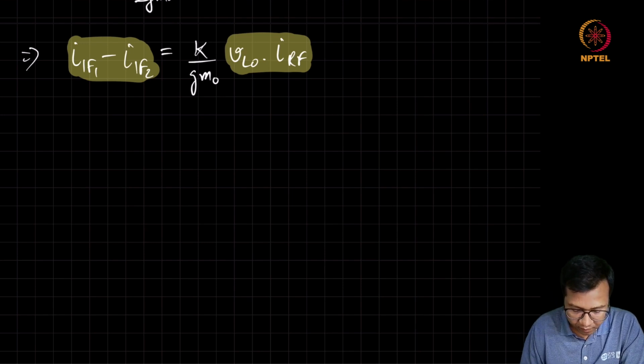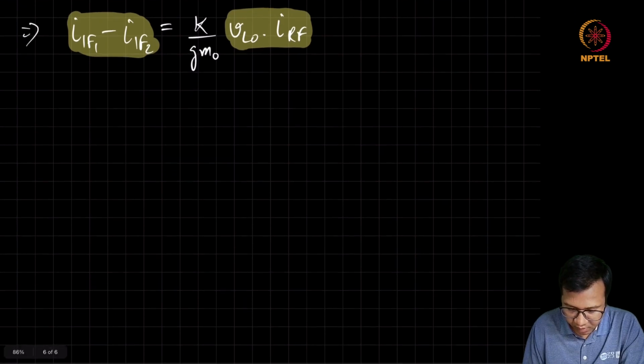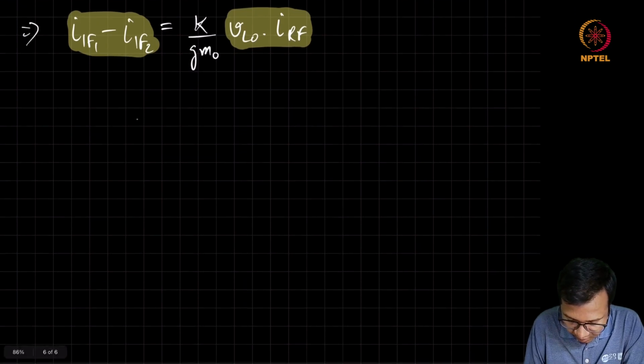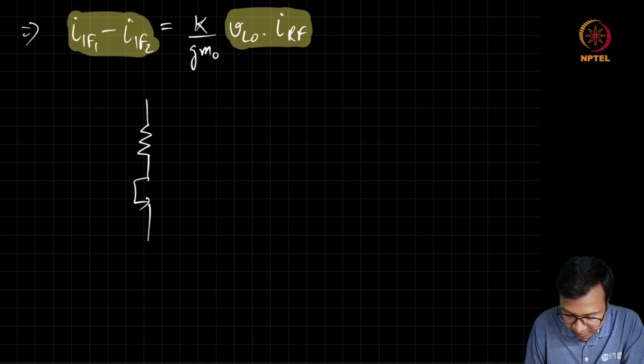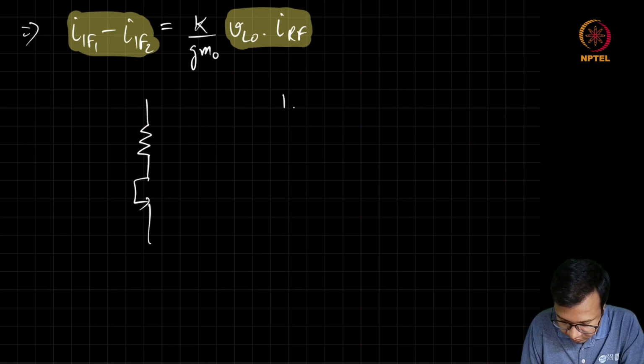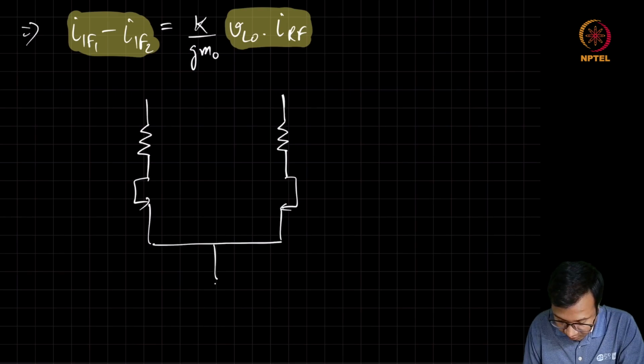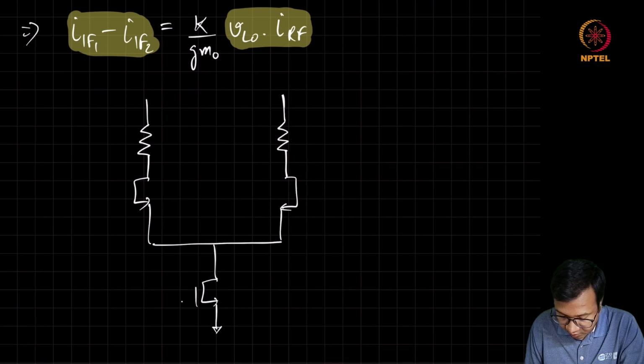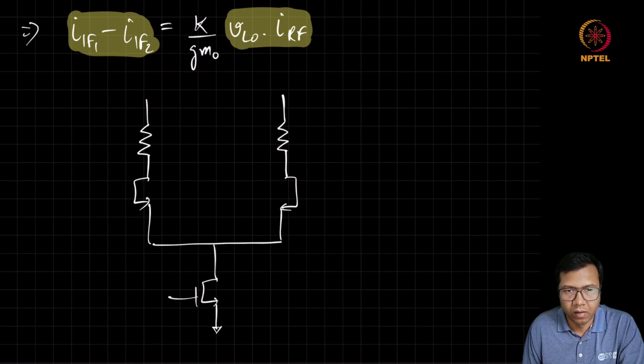So we can modify the above circuit and perform this difference by converting these currents into voltages. Let me also add a MOSFET in saturation to convert the VRF into IRF.